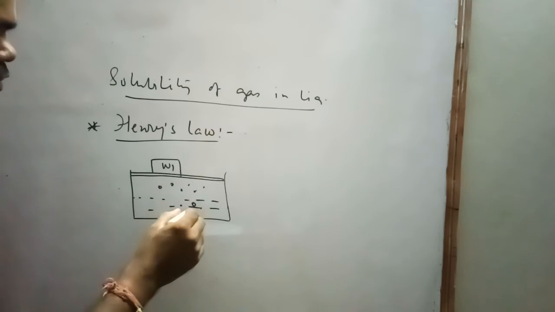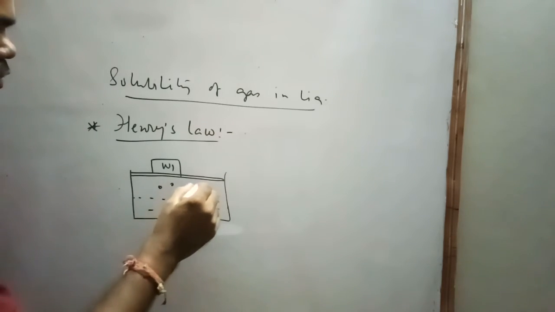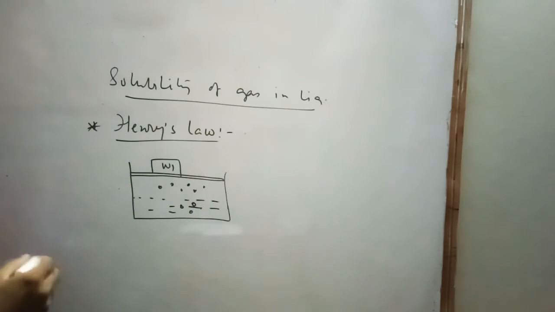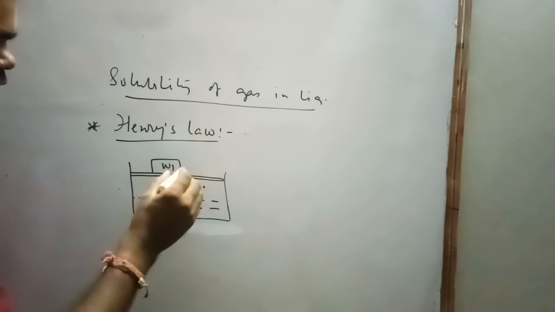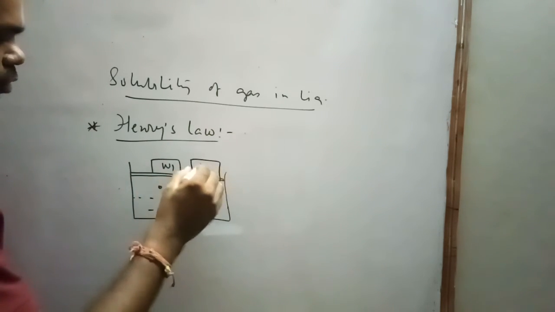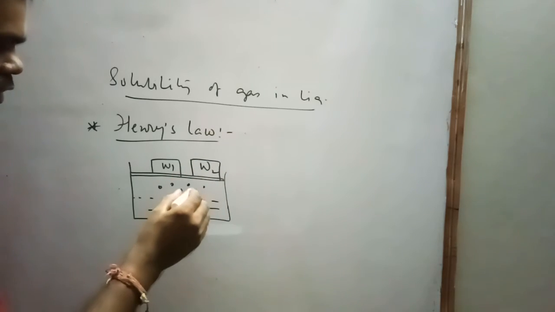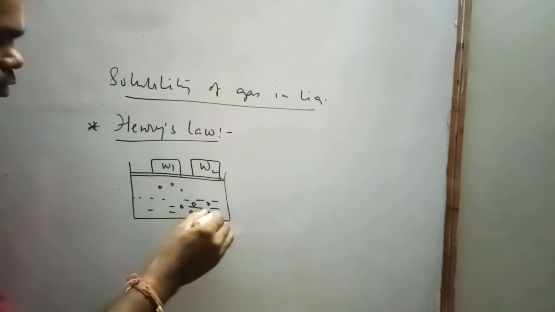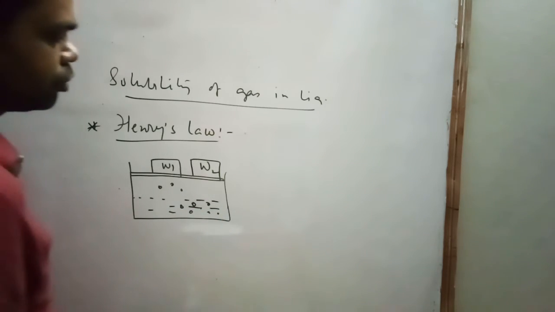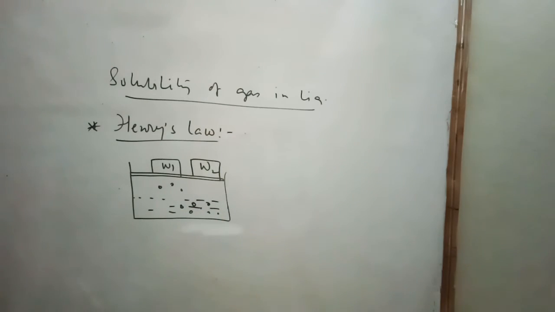Now gas molecules dissolve, for example in this one, the number of gas molecules dissolved is 3. Now if I add another weight here, W2, then it is found that the amount of gas dissolved in the liquid increases. This law states that the solubility of a gas in a liquid is directly proportional to the pressure over the gas.